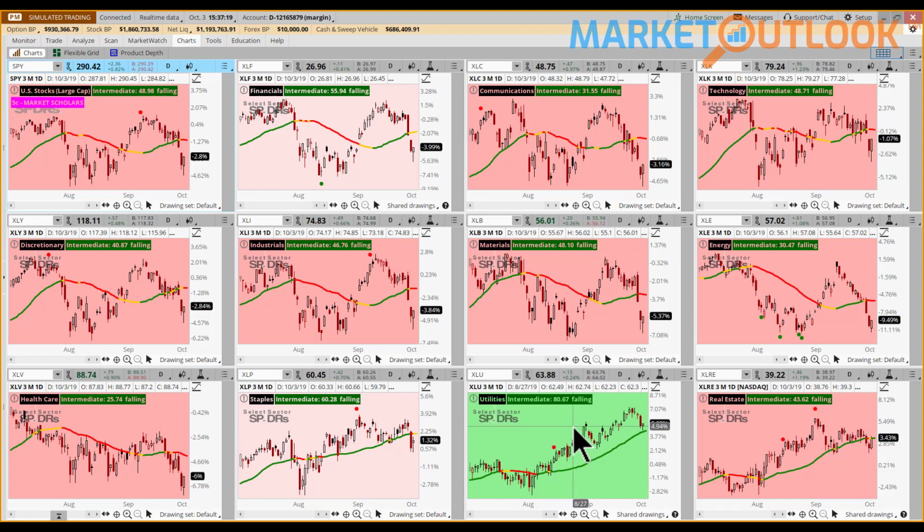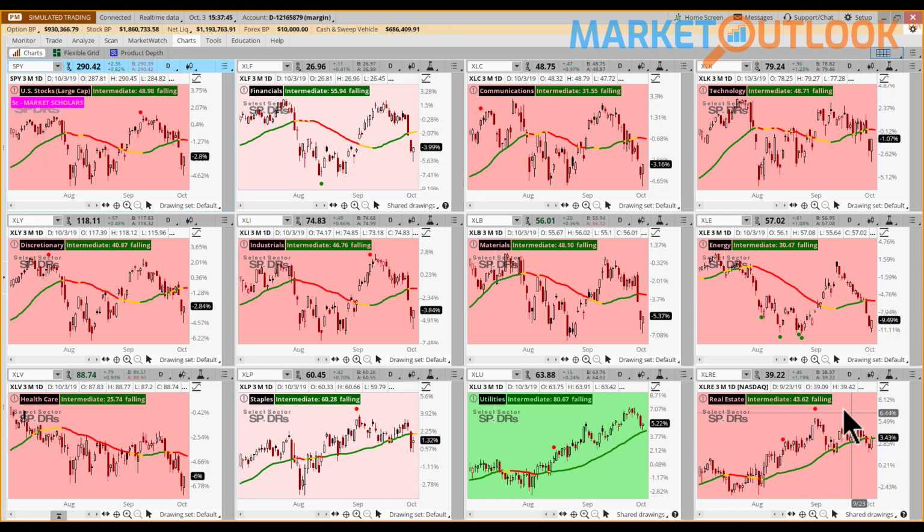Now remember, interest rates are falling. When interest rates are falling, all else being equal, you're going to find that utilities and typically real estate hold up better. Now, more recently, real estate has kind of pulled back a bit more than utilities have. But as you can see, those are the only two charts on the board that have a green moving average here currently. So I'm not talking about the background color of the chart now. I'm talking about the moving average.